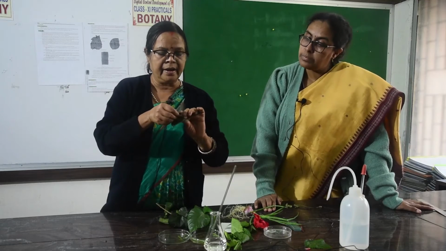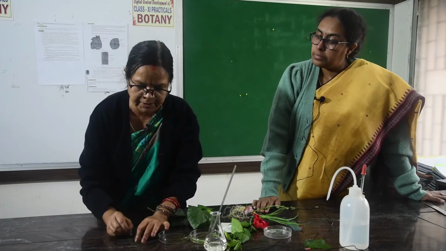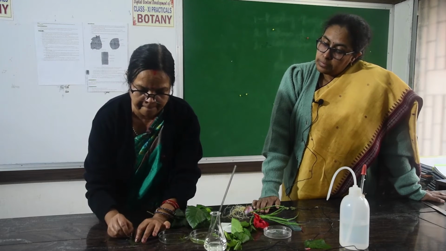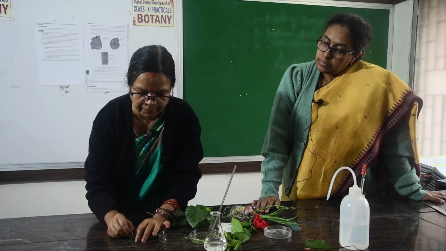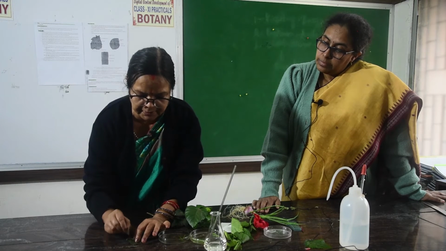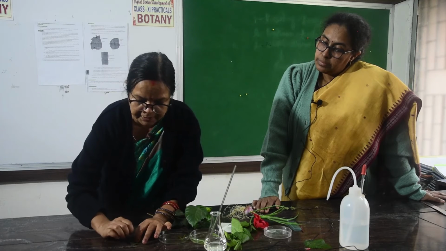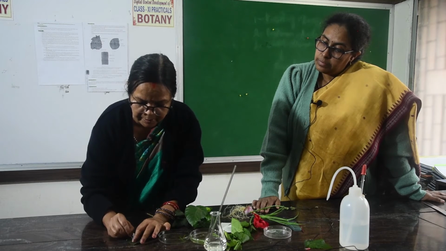Take a blade and scratch. Just keep it on the table and scratch slowly and gently. Gradually we will get a translucent part. I got that translucent part, that is your epidermis.